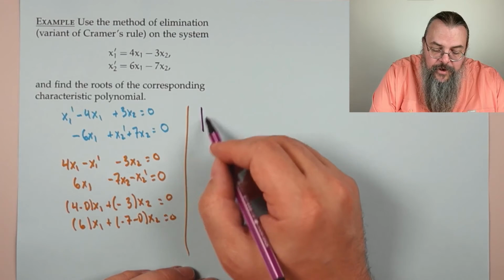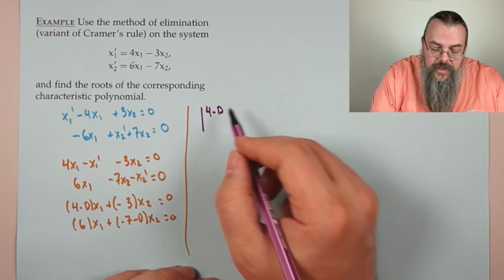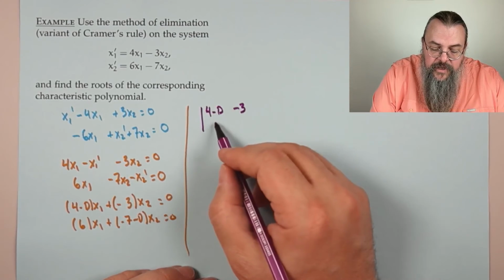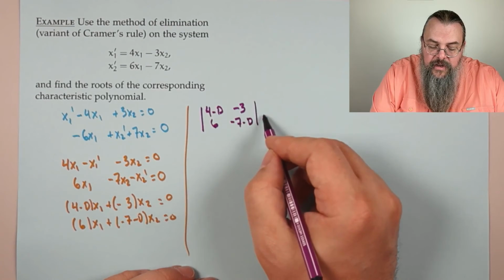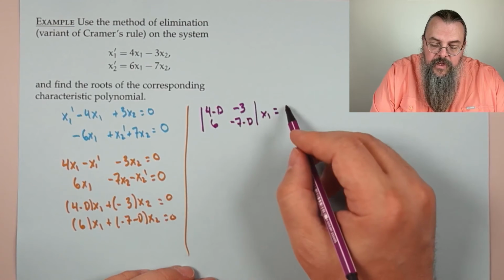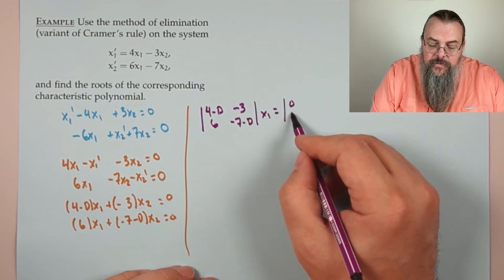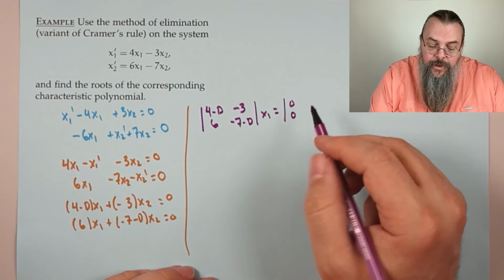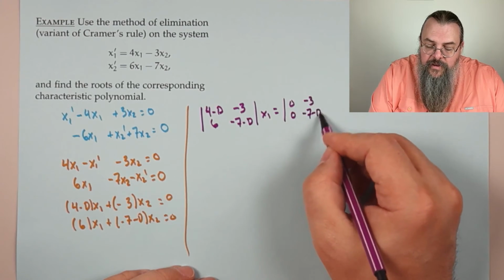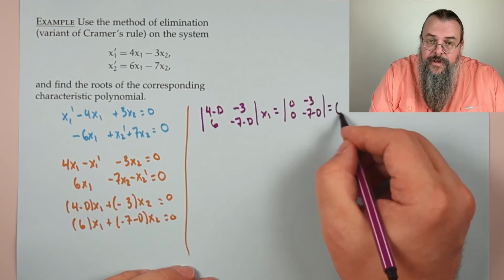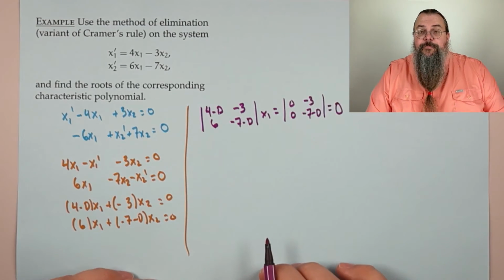So we have the determinant of (4 minus D), minus 3, 6, (minus 7 minus D), times x1 equals, well, on this other side you replace the first column, which is the x1 column, by all zeros. But the thing is, because you have all zeros in a column, that will become 0.